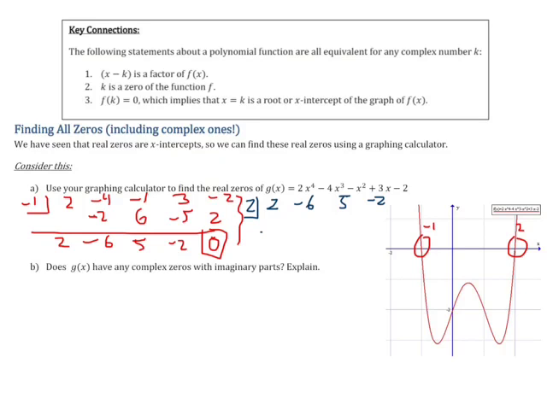So we factor this down, bring down the 2, multiply, we get 4, add negative 2, multiply, 2 times negative 2 gives us negative 4, add 1, multiply, 2, add 0, and there we have it. And so we've just factored this, and we can say g of x equals, okay, now we've got our a value here is 2, but actually, let's leave that alone for now.